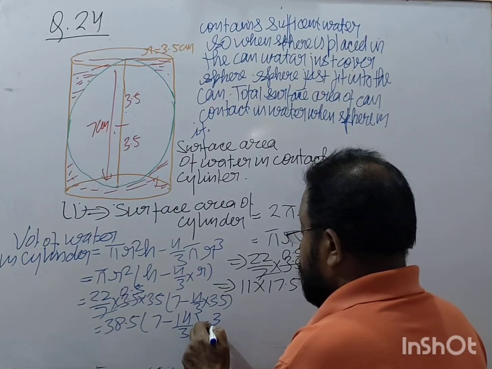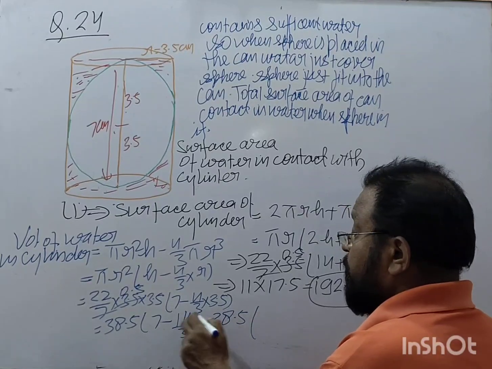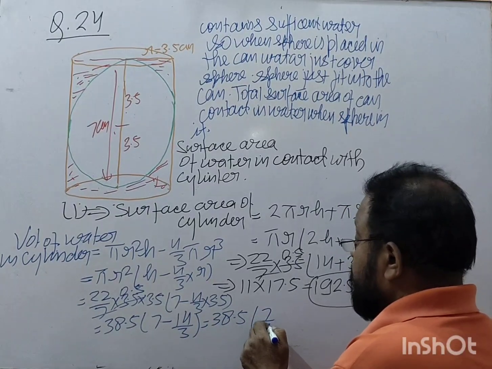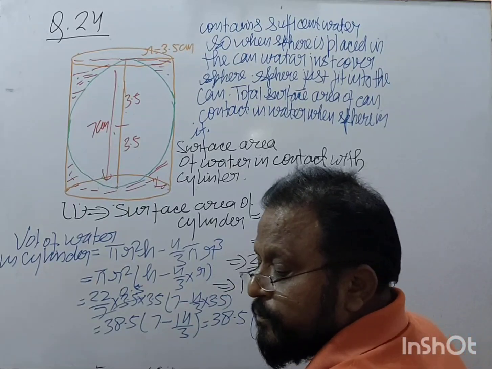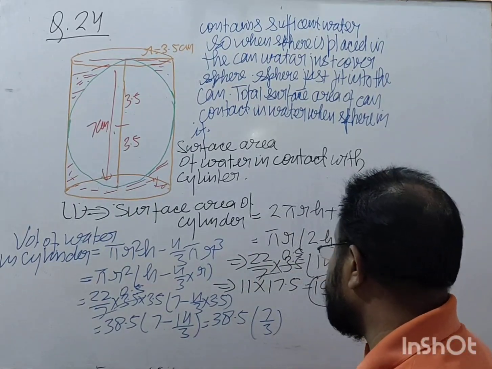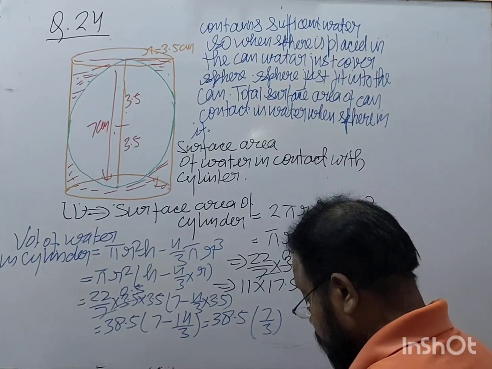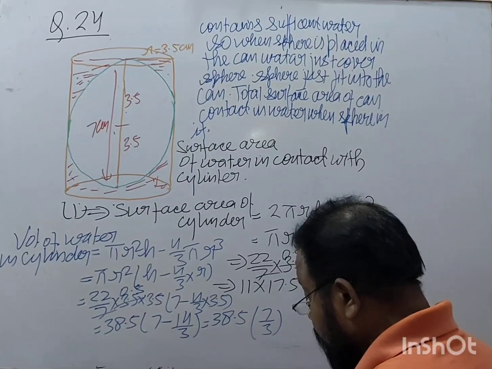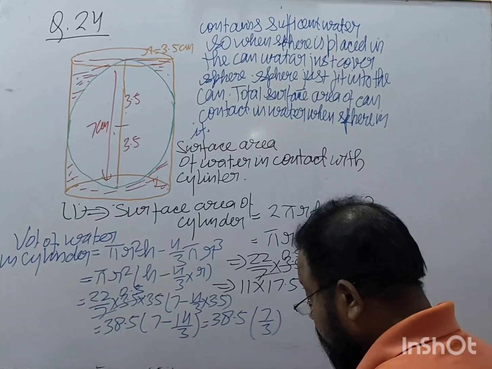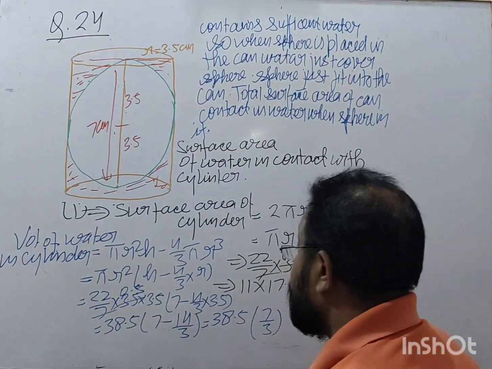So it is 38.5 bracket 7 by 3. So what is the volume? 7 by 3. 38.5 multiplied by 7 is 269.5.